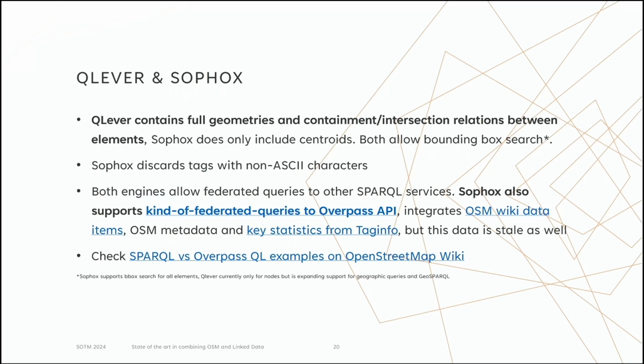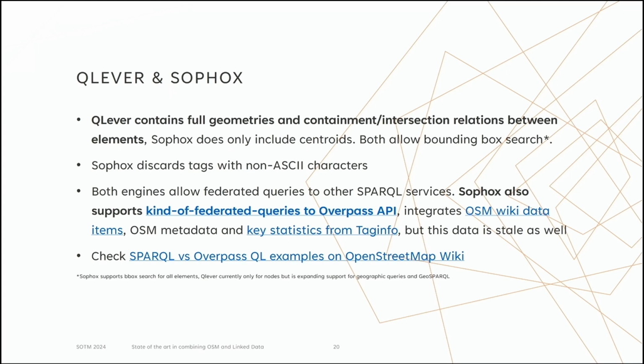Both of them have a two-component structure: a component that transforms raw OpenStreetMap dumps into RDF datasets, and a SPARQL query engine, which uses the transformed RDF data to allow the user to execute queries, potentially together with other datasets.